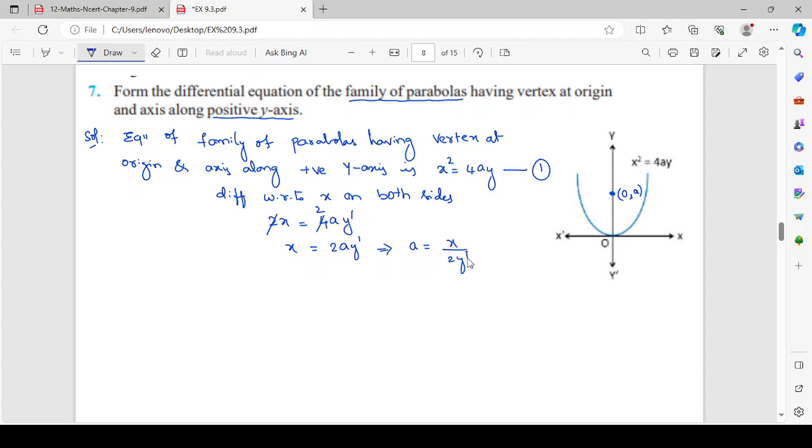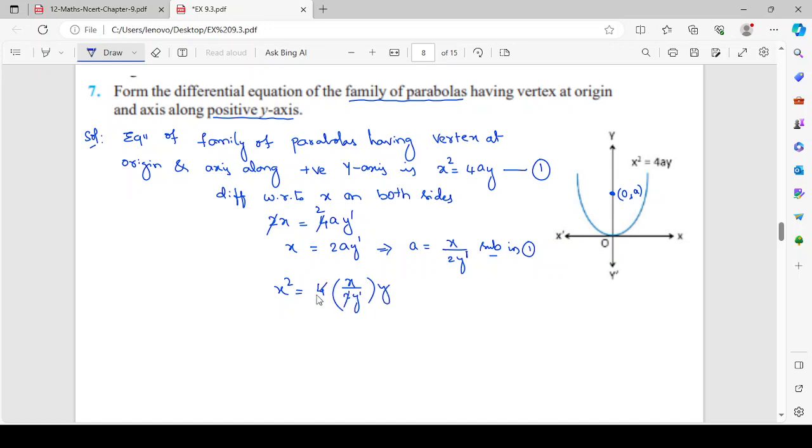Yes. Because in order to find out the differential equation, we have to eliminate the arbitrary constant. That arbitrary constant I am going to substitute in equation 1. So x square equal to 4 into a. A here is x by 2y dash into y.